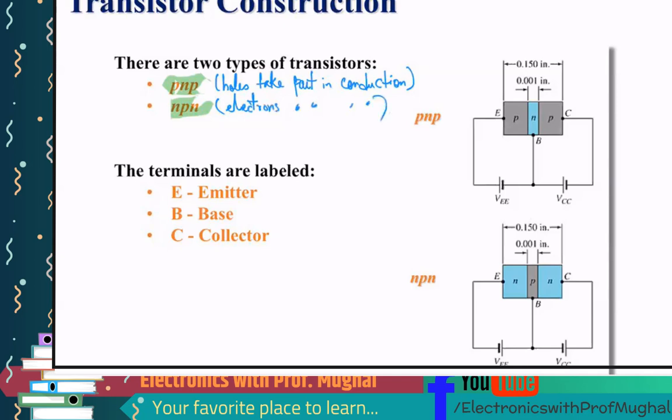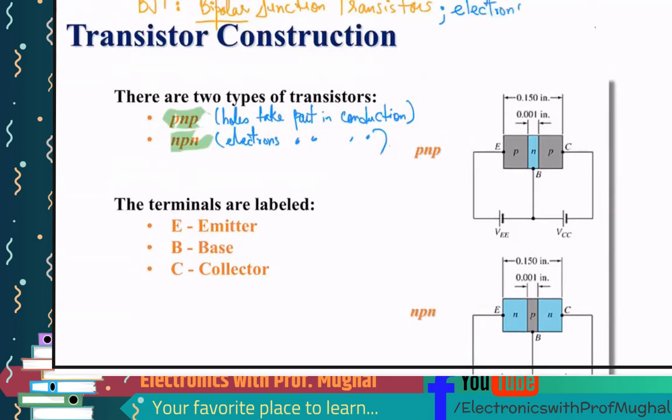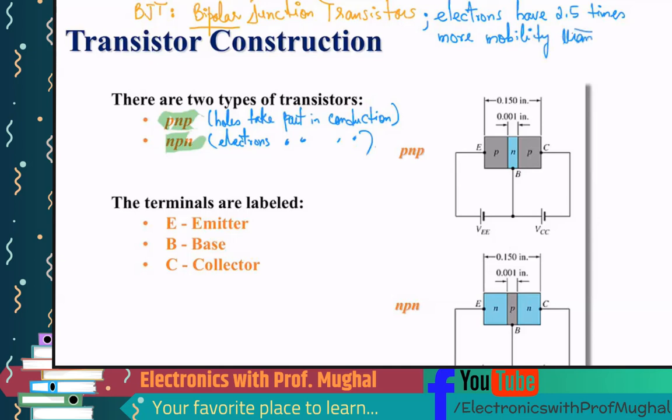Okay, so which one is better, PNP or NPN? Remember the characteristics of the electrons: electrons have 2.5 times more mobility than holes. They run faster, okay?